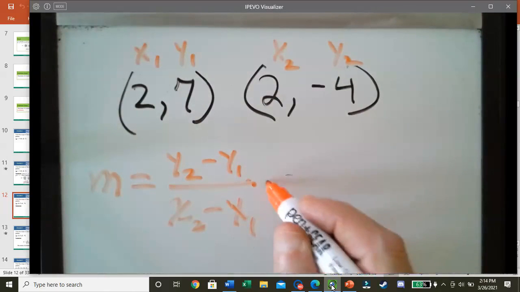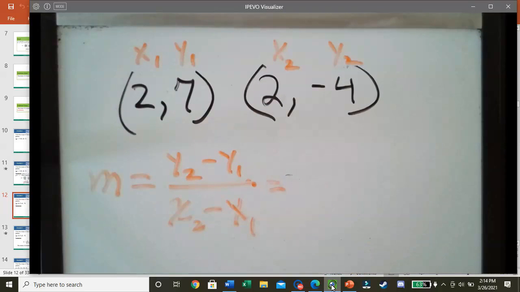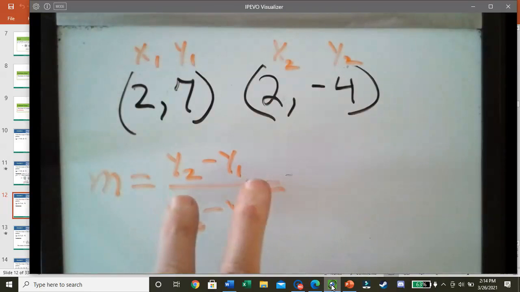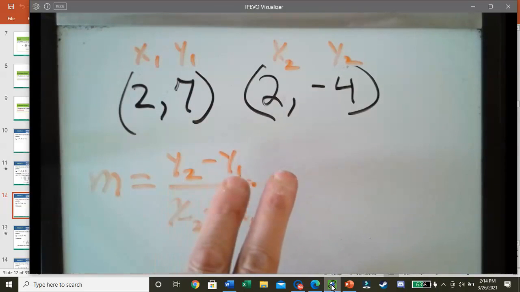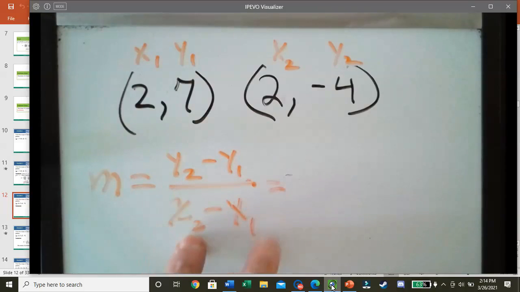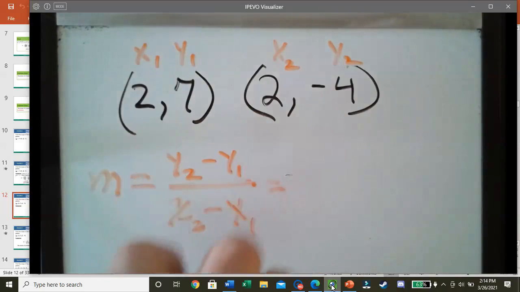So, I'm saying it doesn't matter if you put x2 or y2 first and then y1. It really doesn't matter as long as whatever you put in first, like if you put y1 minus y2, then you got to put x1 minus x2. You have to do the same. Whatever you do in the numerator, you got to do the same in the denominator.